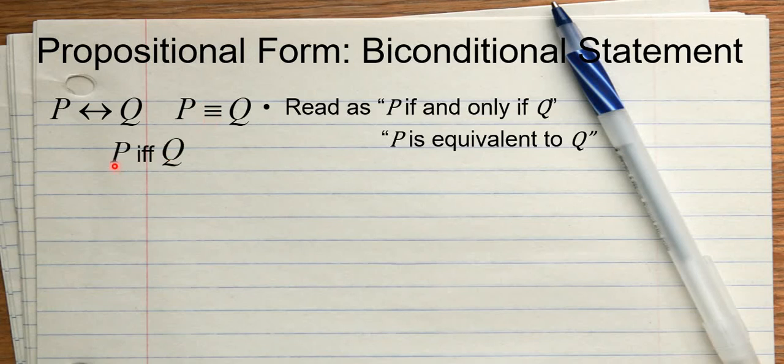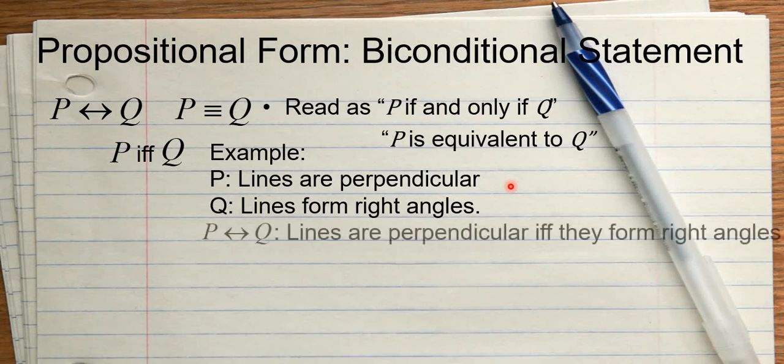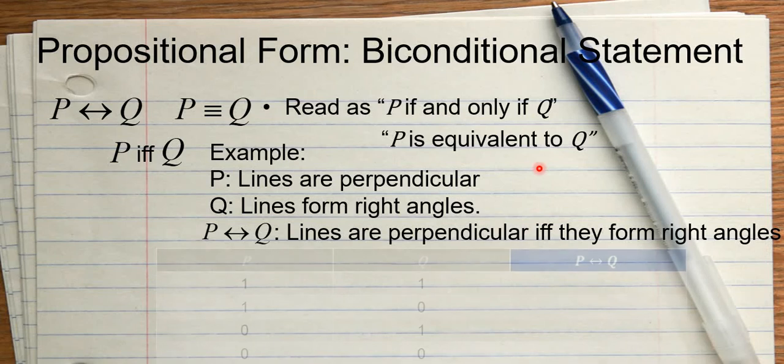Or we can also write P iff Q, which means P if and only if Q. For example, say proposition P is lines are perpendicular, and proposition Q is lines form right angles. Therefore, P if and only if Q would mean lines are perpendicular if and only if they form right angles.